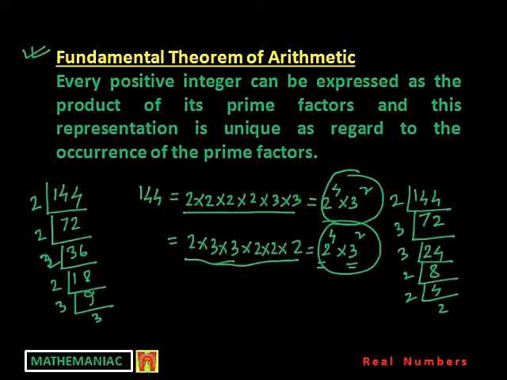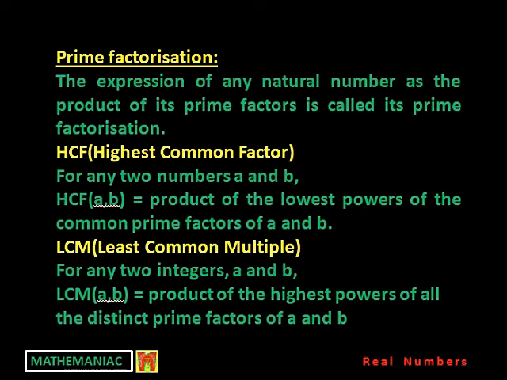This uniqueness is very important, because it guarantees us that no matter how you divide, ultimately a particular number will have particular given primes as its factors. Okay, this is the next.